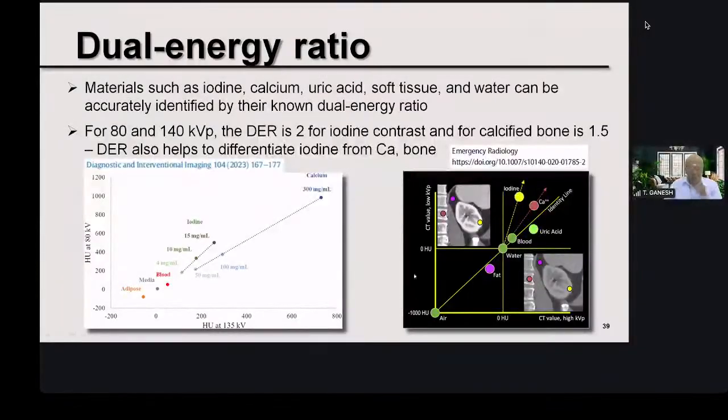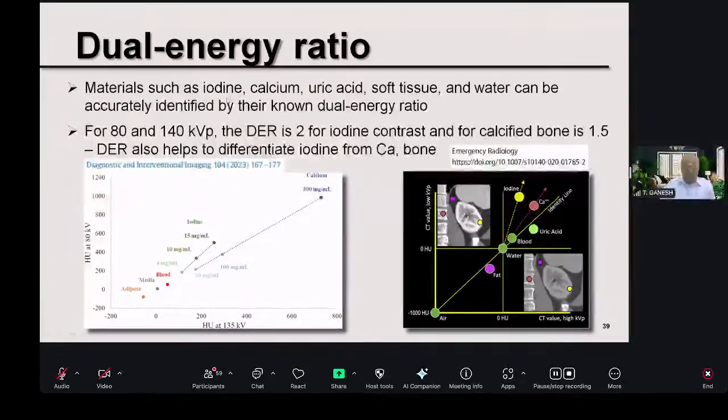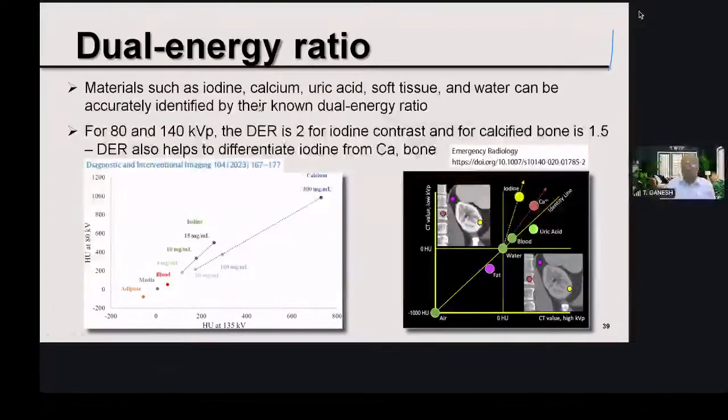So what are the applications? See this dual energy ratio. Materials such as iodine, calcium, uric acid, soft tissue, and water can be accurately identified by their known dual energy ratio. So you can see here the HU values, the CT value at low kVp and the CT value at high kVp.